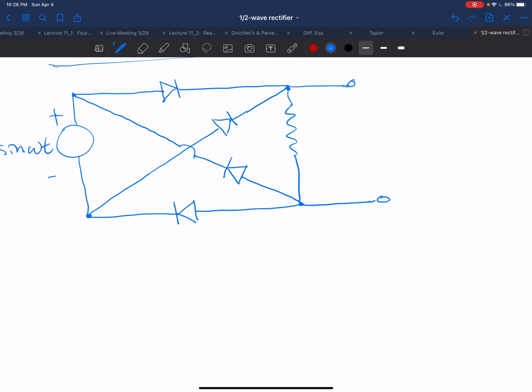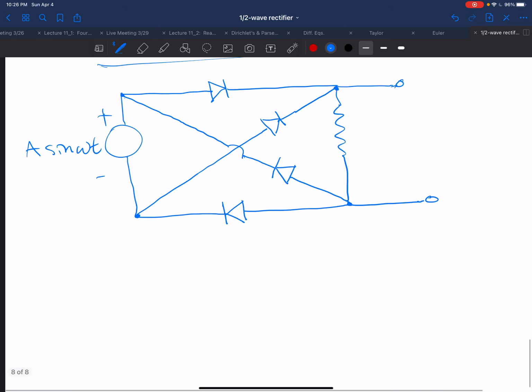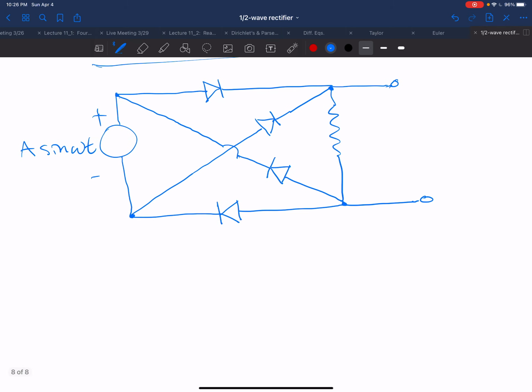So here I've added just another half-wave rectifier that's hooked up the other way. So it will give us a positive voltage on these terminals when our input voltage is negative. Okay? So it's really just two half-wave rectifiers put together. And the output waveform that this will give us will look like this. Let's again call this output voltage V out.